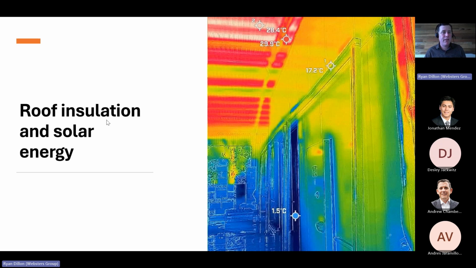And with a thermal camera, you can actually see each individual panel and the effect of this. It provides a genuine cooling effect. So instead of installing insulation, you can also consider the use of solar energy and the location of that to assist in reducing the thermal gain to the roof if you have a cold room in a shed.